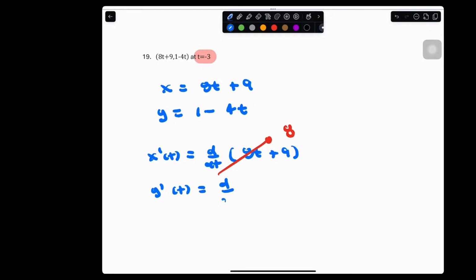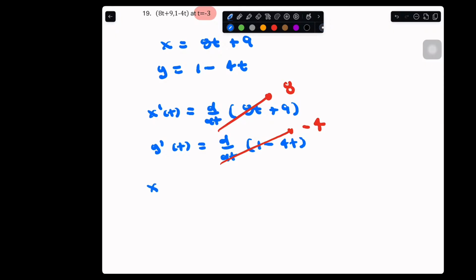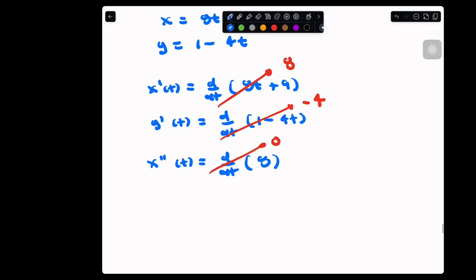Y prime t is 1 minus 4t. That derivative is negative 4. X double prime t is going to be the derivative of 8, and we get 0. Y double prime t is dt of negative 4, and that derivative is also 0.